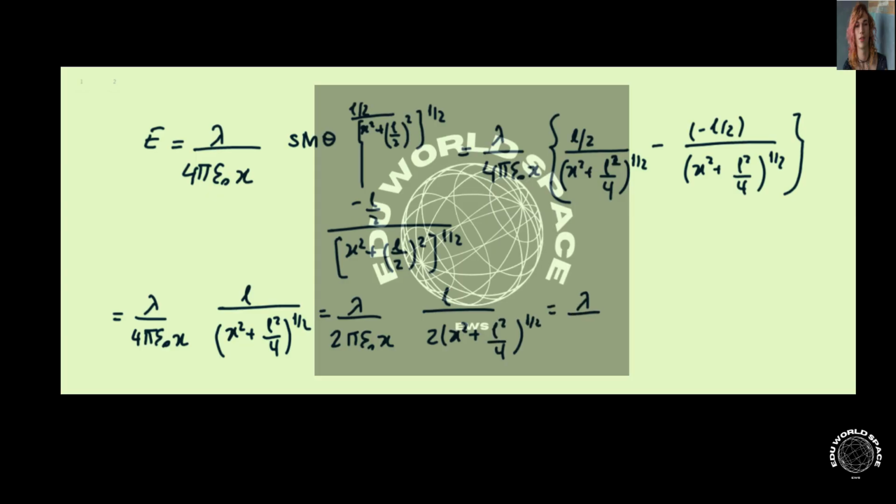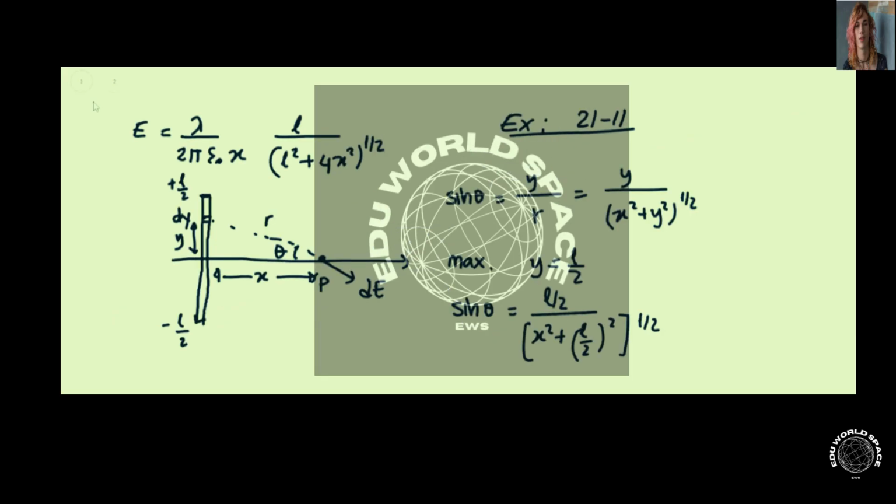If we do that, we have 4, because the square root of 4 gives us 2. So then we have 4x squared plus L squared over 4 times 4, which gives us L squared, to the power of half. Well, that's it. This is the expression that we were looking for.